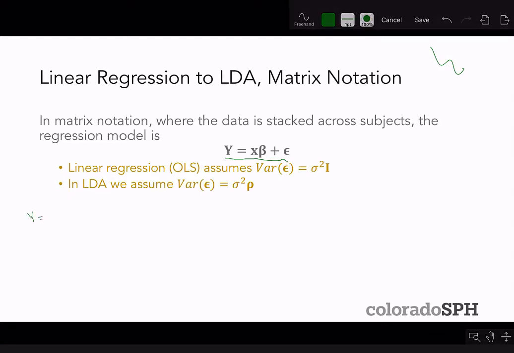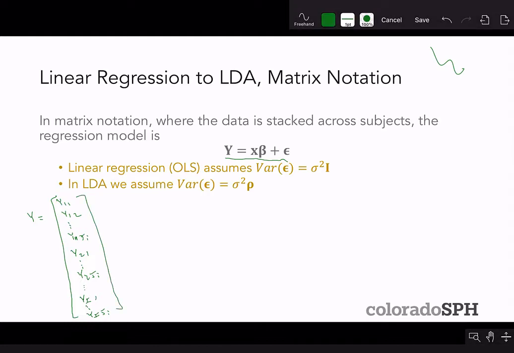Y is a vector that has the stacked observations for all the subjects. Well, you might have y1,1, y1,2, all the way up to y1,ji, all the observations for subject 1. And then y2,1, up to y2,ji, all the observations for subject 2, all the way up to yI,1, up to yI,ji, all the observations for the last subject.